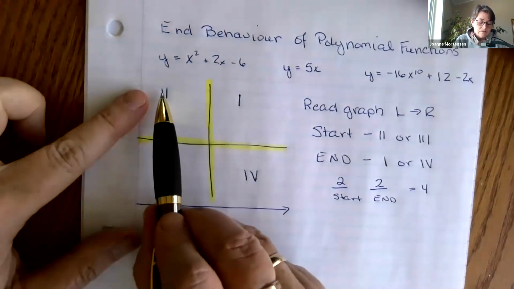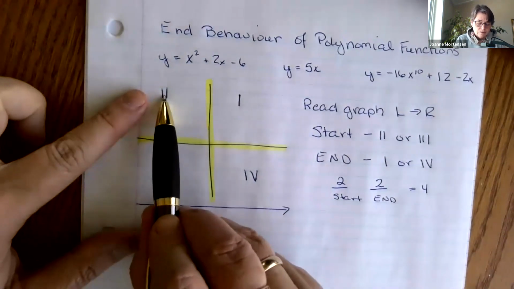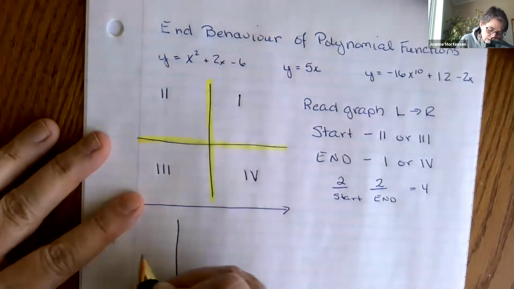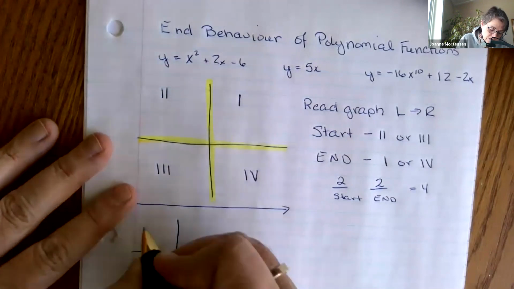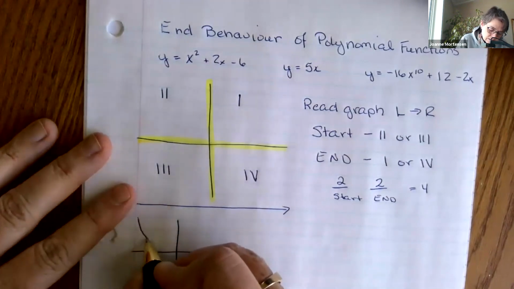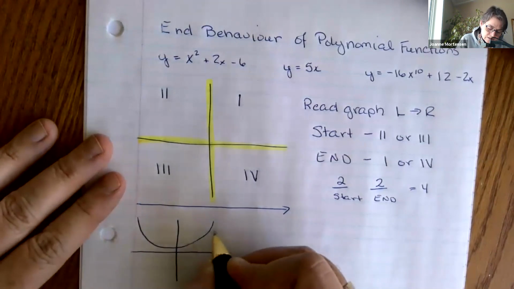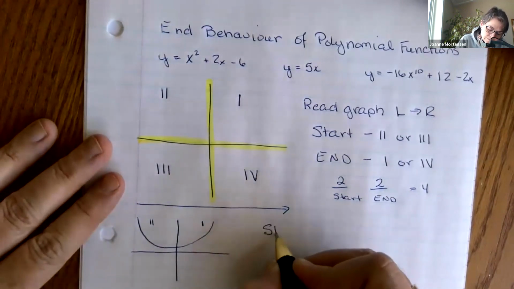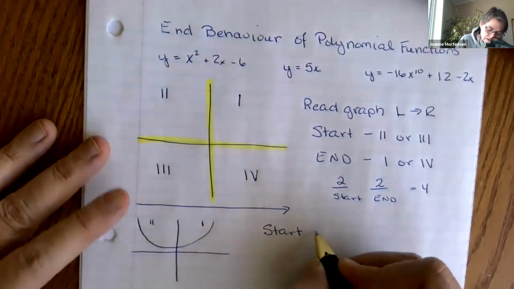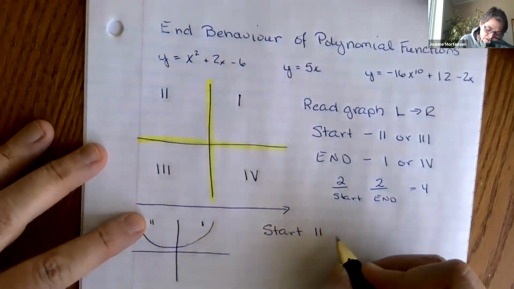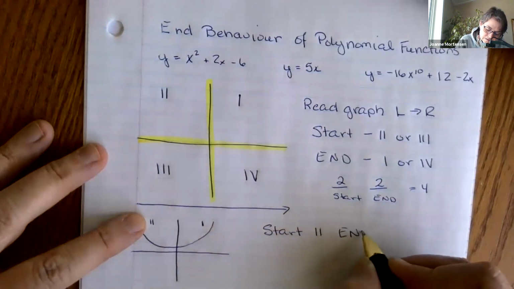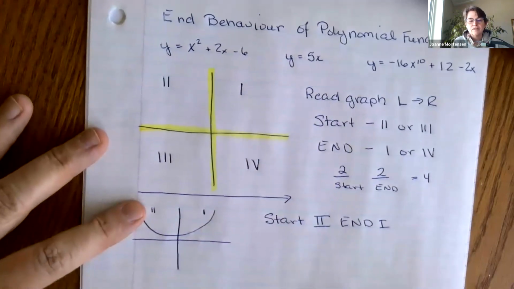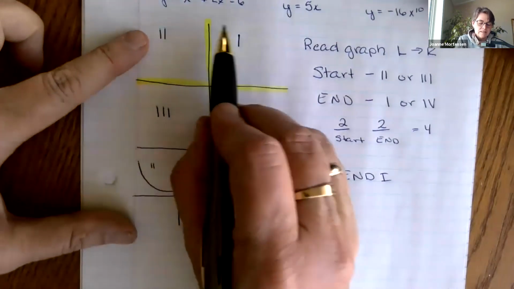So it can start in 2 and go to 1. Let me just draw a quick graph. I could give you a graph that starts here and goes like that. So this is 1 and this is 2. Start 2 and end 1. Basically it's a cross.